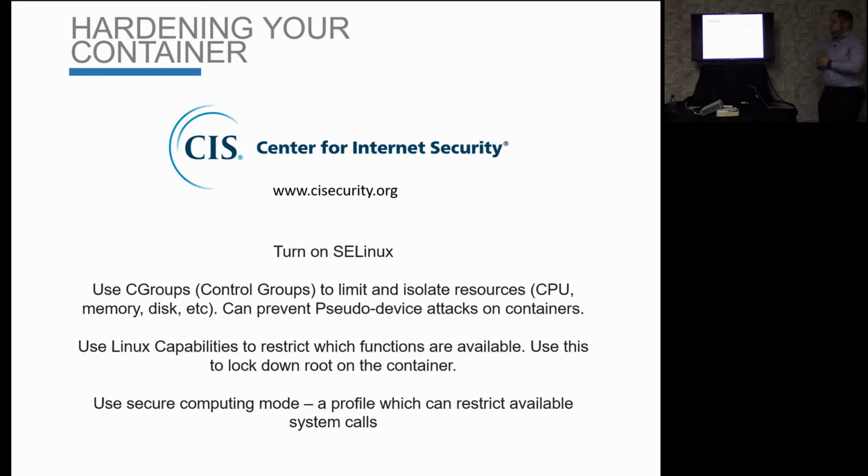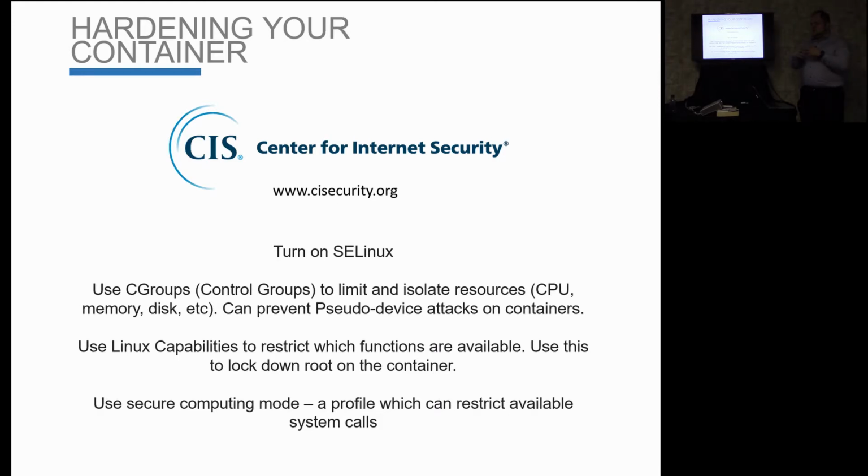So if you are going to harden your container, the CIS, which is the Center for Internet Security, they have a number of guides for specifically Docker containers, but other container technologies as well. And what this hardening would do, for example, is it would say certain security controls that you would need to meet. So what it would do is it would turn on things like SELinux. It would use control groups to limit the resource utilization of each container.